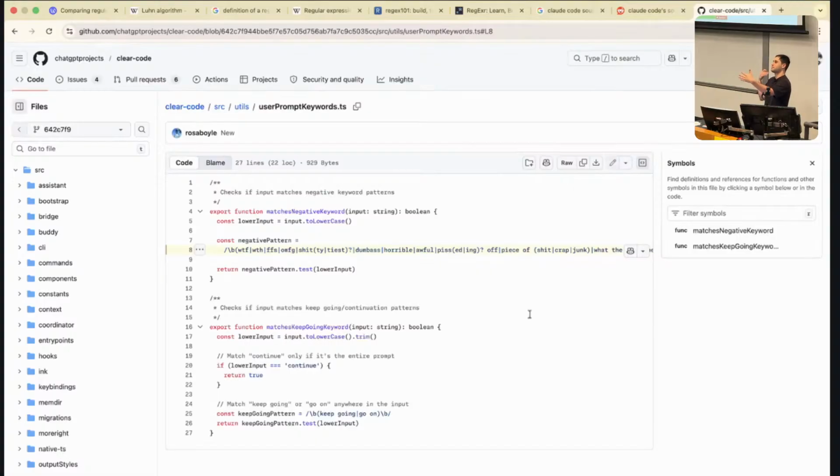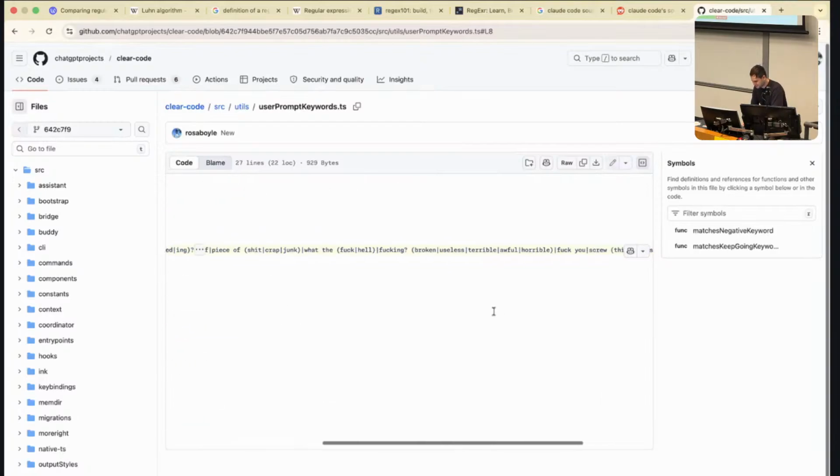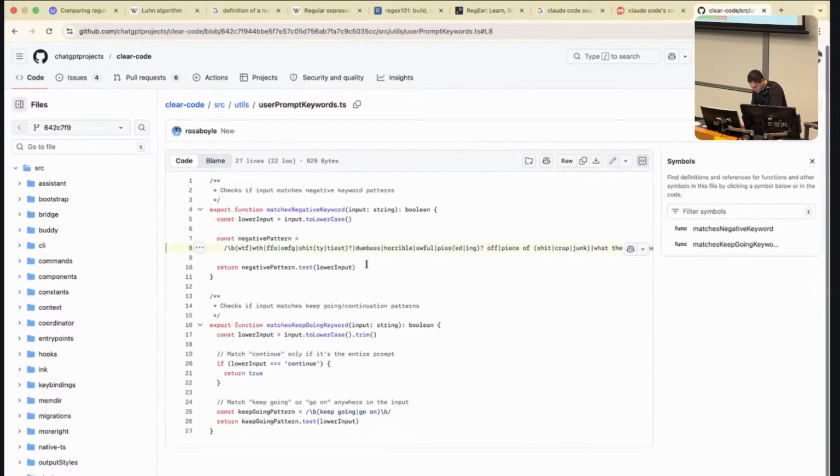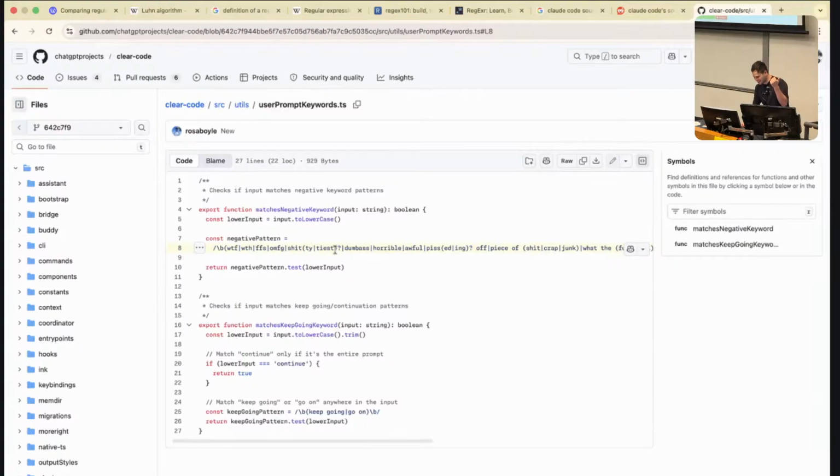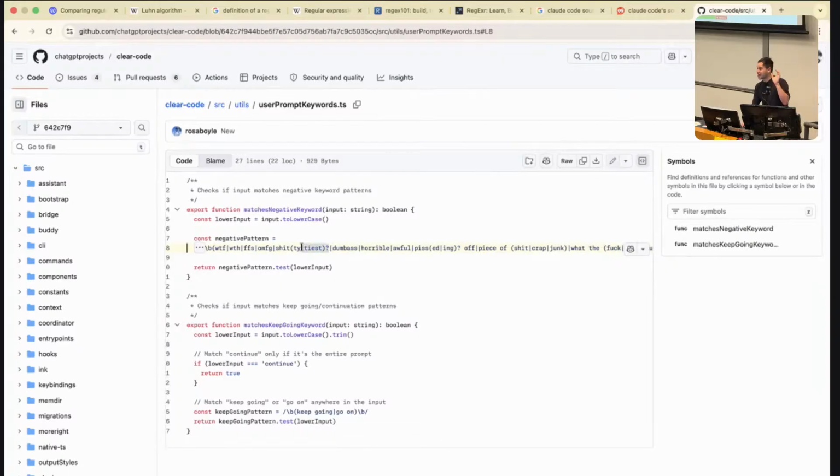So the input that comes into Claude Code, run this regex over it. And the great thing about regex is that it is extraordinarily fast over very long periods of text. So if someone types in either WTF, WTH, FFS, OMFG, shit, either shitty or shittiest, so that could be either or, dumbass, I should probably stop reading it.